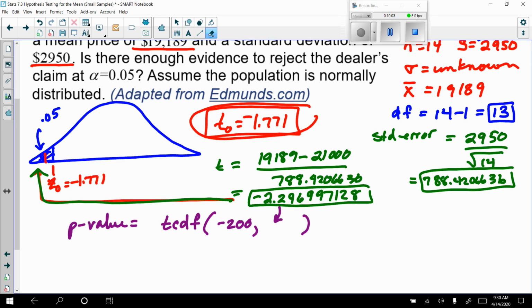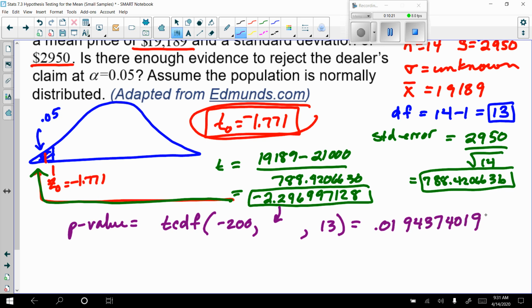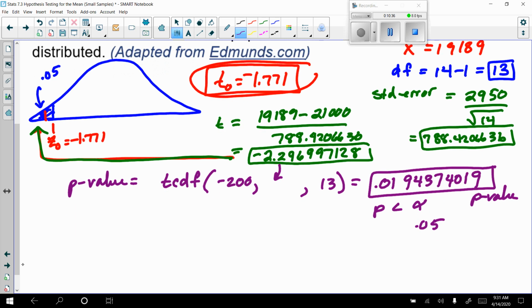And then we need our degrees of freedom in here, which is 13, in order to find that p-value. And the p-value is going to be 0.019437419. That's our p-value. And that confirms, since p is less than alpha, alpha is 0.05, that we would reject the null hypothesis. Which brings us to our conclusion.